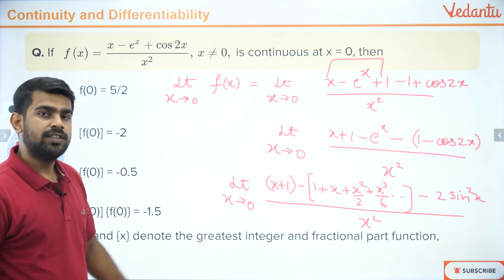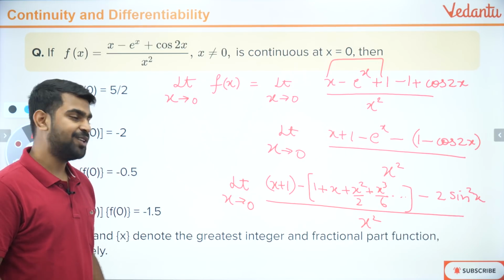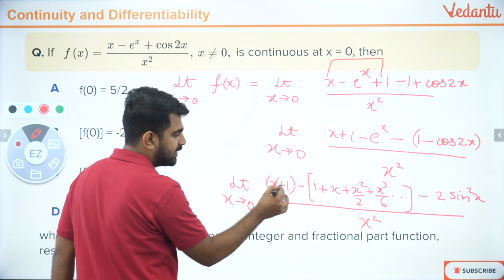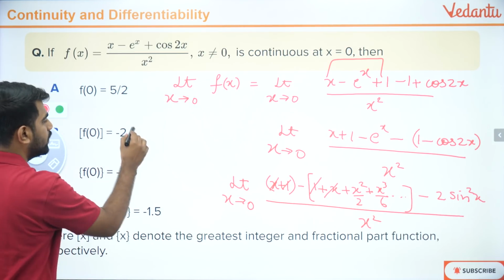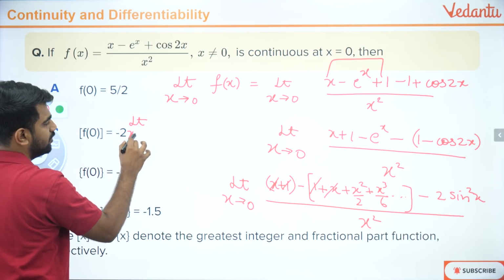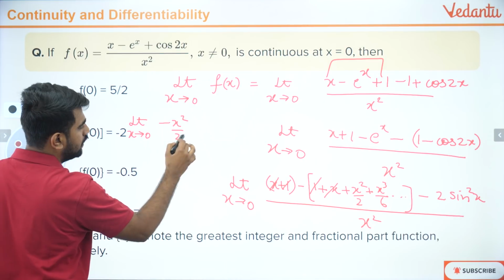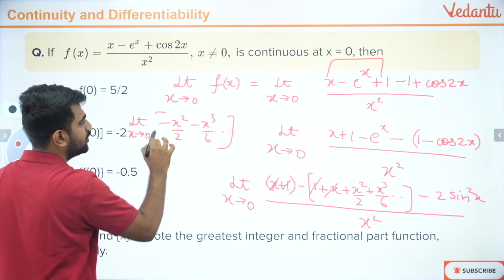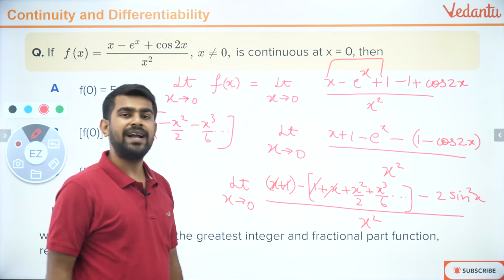So when I open it, you see what is the beauty of this question? Are you all able to visualize what's happening here? So x will get cancelled with this, 1 will get cancelled with this. So what will I be left with? I will be left with limit x tending to 0 of minus x square by 2 minus x cube by 6 and so on. Then you have minus 2 sin square x by x square.